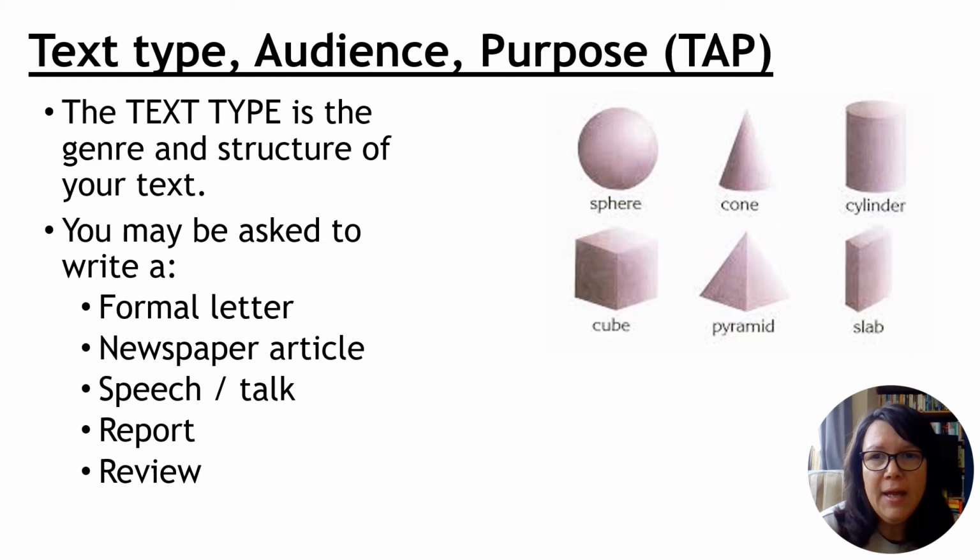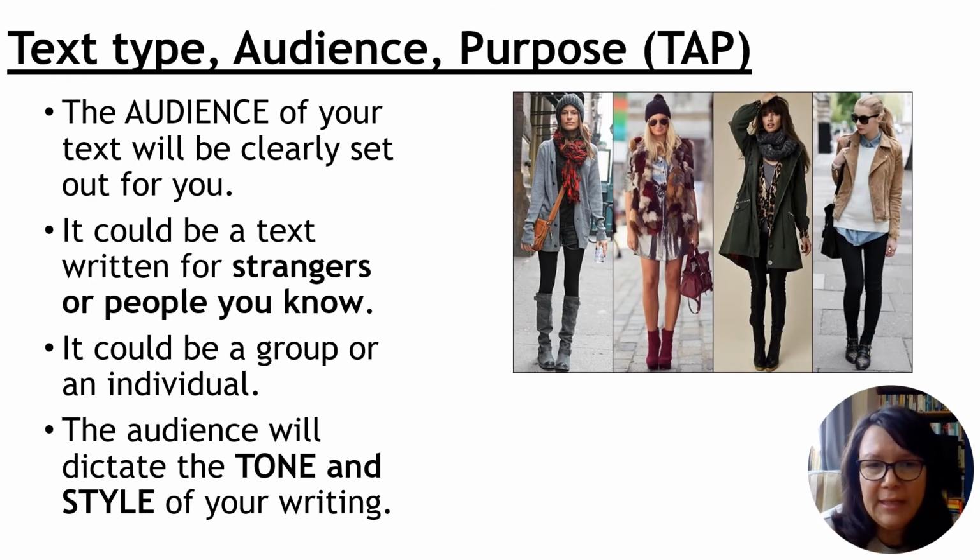You're going to think very carefully and make sure you're reading the prompt very carefully so that you understand who your audience are. Sometimes they will ask you to write for an audience that is your peers. Sometimes they will ask you to write for an audience that is strangers who you don't know. That information will help you choose the style and tone of your text.